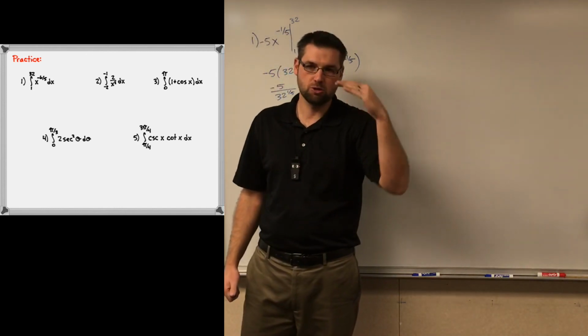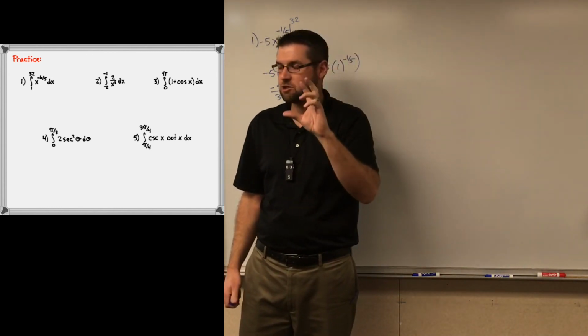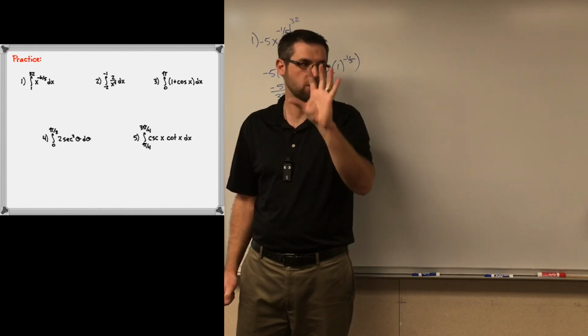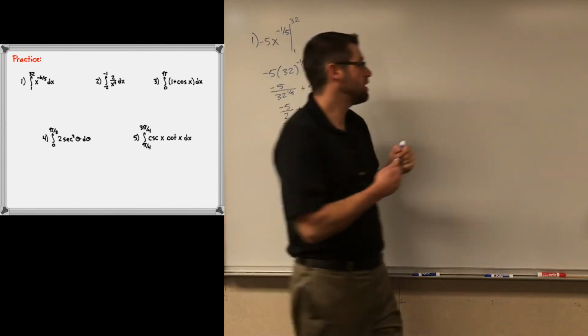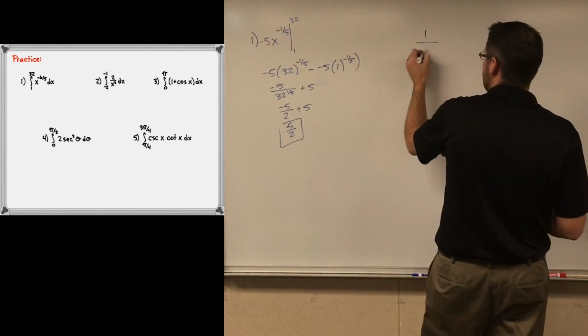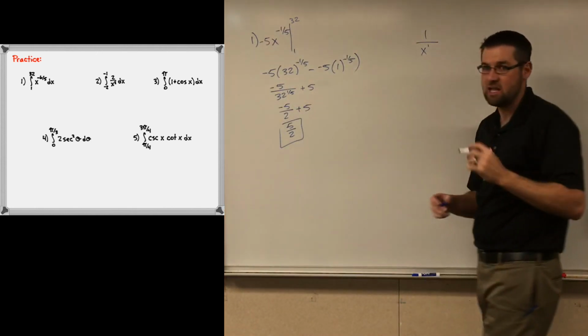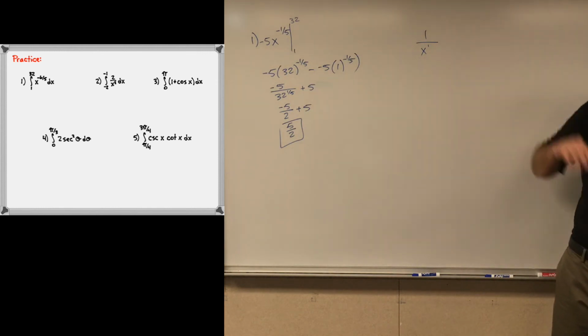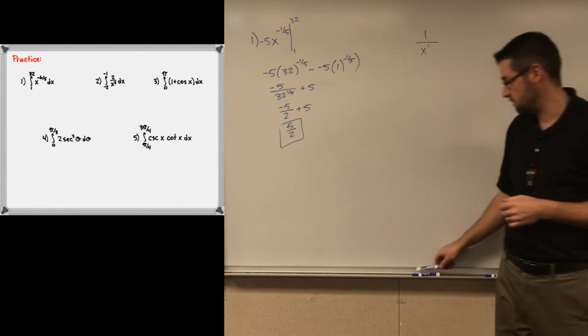That is only true if it's 1 over x or something over x to the what? What is the power for natural log? Yeah, only when the bottom has a power of 1. Then you could get natural log out of it. If it's any other power, what do you have to do? You have to move it to a negative exponent and then take the antiderivative.